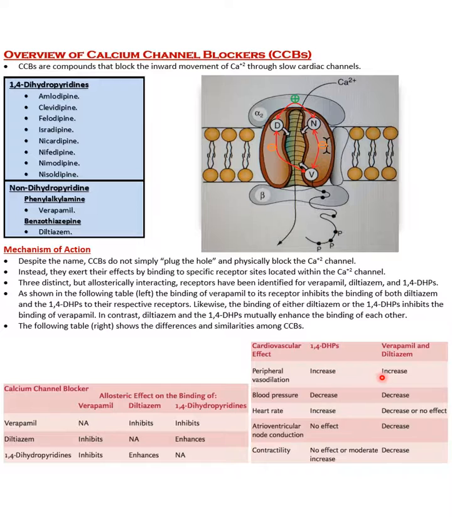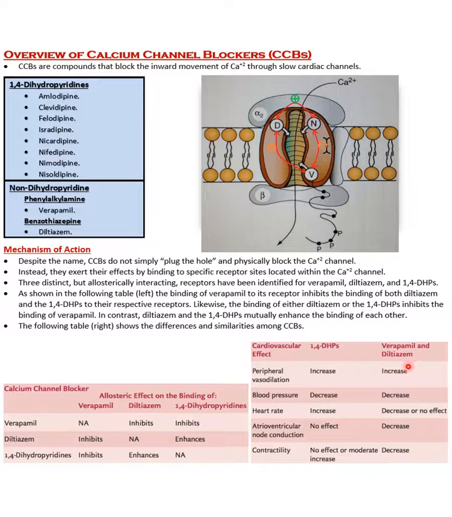In all cases, both classes cause vasodilation, and therefore they reduce the blood pressure. So the major pharmacological effect of these products is vasodilation, which enhances the blood flow and the oxygen ability to reach the heart, for example.